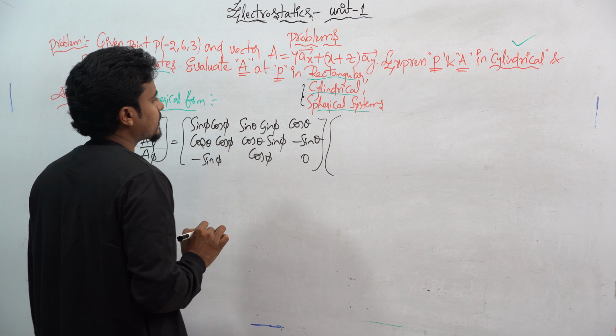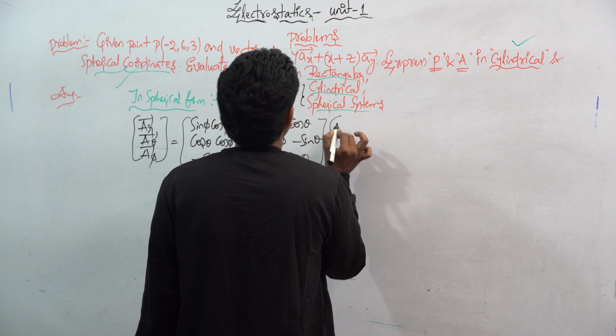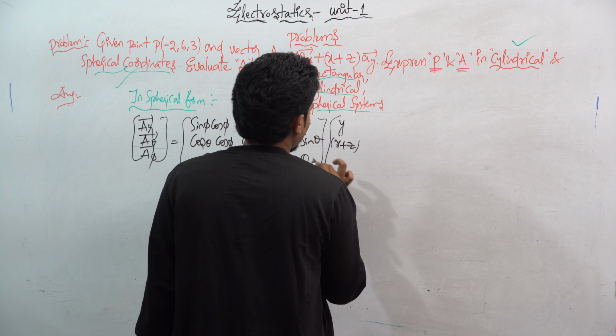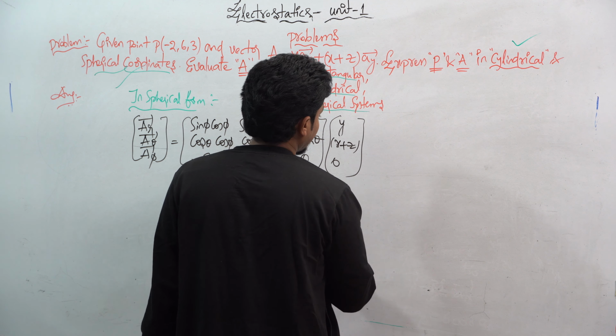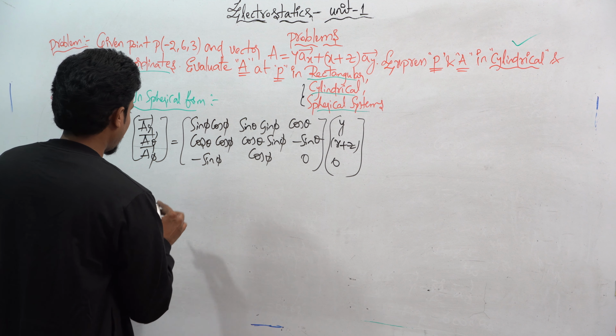Okay. Next, what do I have to do? Our matrix form goes with our vector with y and x plus z, and here there is no z term, that will become 0. Now you just have to multiply.